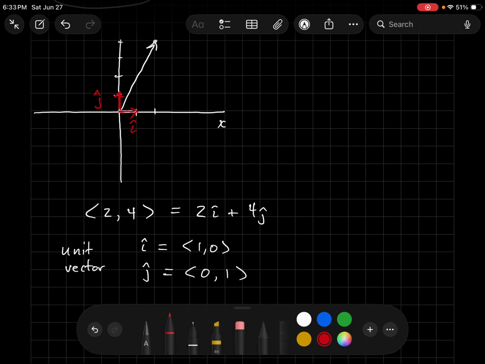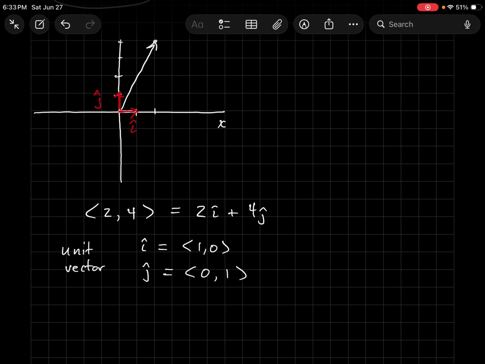So, if I want to write 2i plus 4j, what am I saying? I'm really saying I want to go 2 in the direction of i. So 1, 2 in the direction of i. And then I want to go 4 in the direction of j. So instead of going straight up the axis like this, I can start here and just go up 4 in the direction of j. So 1, 2, 3, 4.